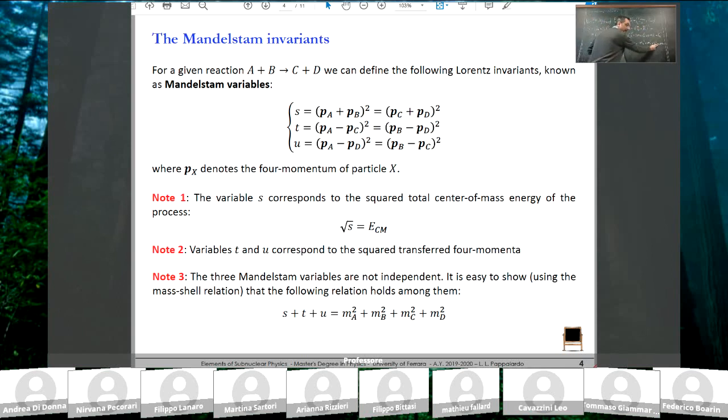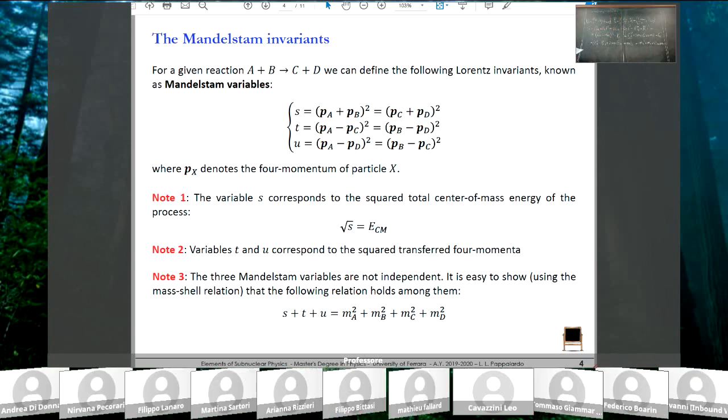Because we can further split the total energy of particle A into kinetic energy and mass. So this is mA squared plus mB squared plus twice mB, and then this is split in kinetic energy plus mass of particle A. We take the products here, so we get mA squared plus mB squared plus 2 mB KA plus, sorry, let me do the other way around.